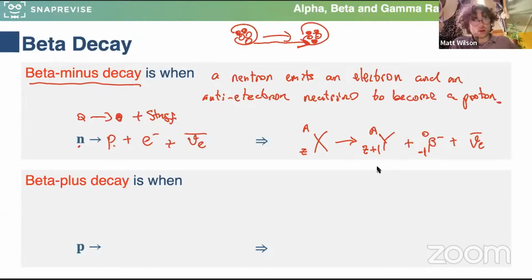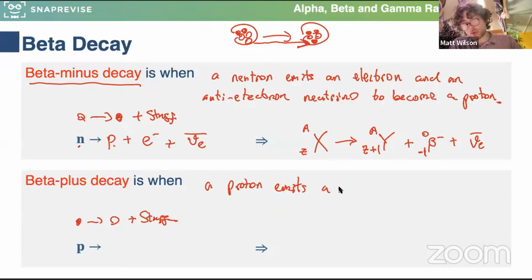Now we're going to look at the kind of opposite process in which we have a proton turning into a neutron plus other stuff. Good. So beta plus decay is when a proton emits a positron. Everything gets flipped, basically. A positron.